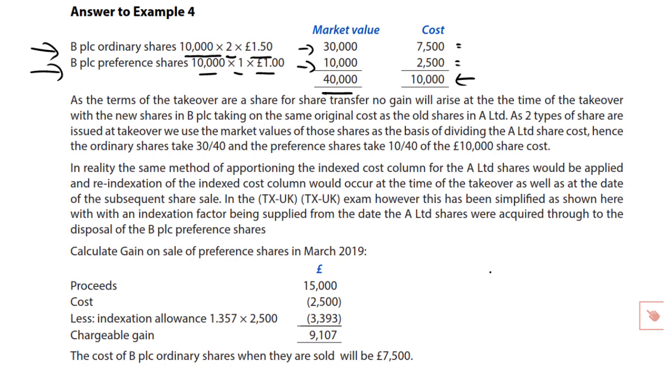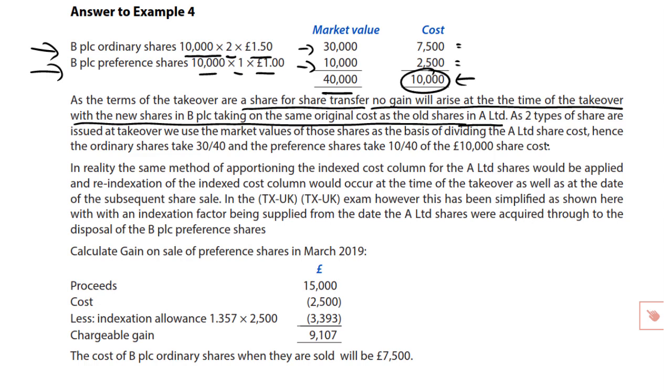Were there any gains arising at the time? No. The terms of the takeover were a share for share transfer. No gain will arise at the time of the takeover, with the new shares in BPLC taking on the same original cost as the old shares in A Limited. That was 10,000.